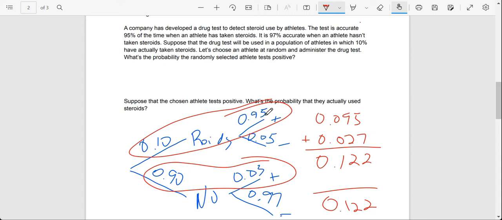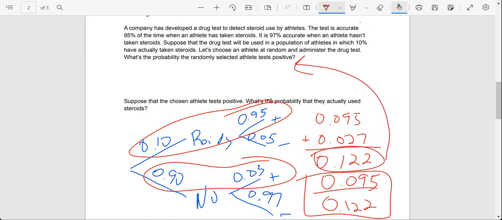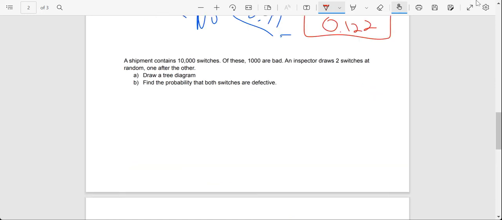So that's going to be your numerator. What we found first is our numerator, 0.095 over 0.122. That is your answer to the second part. The first part was 0.122, and the other one was what we just found.